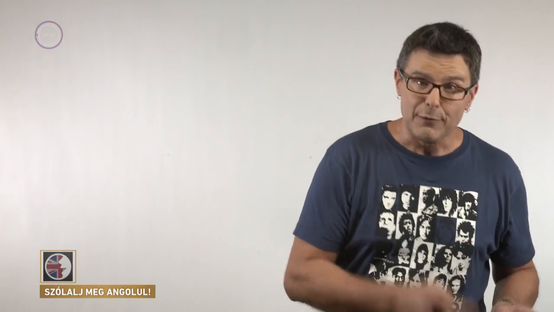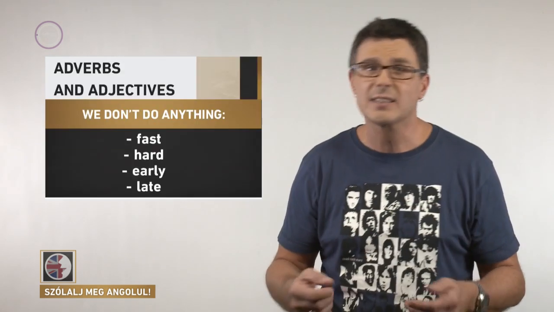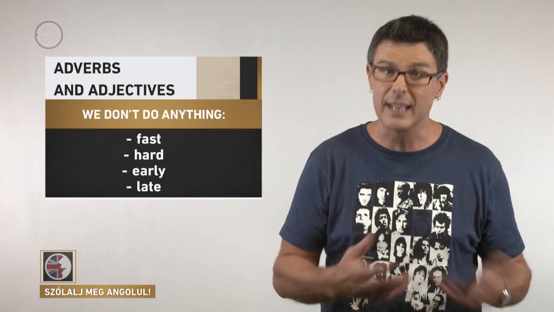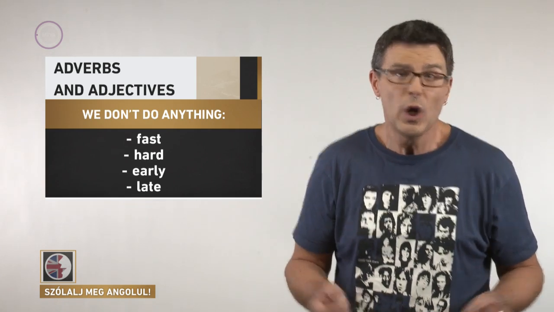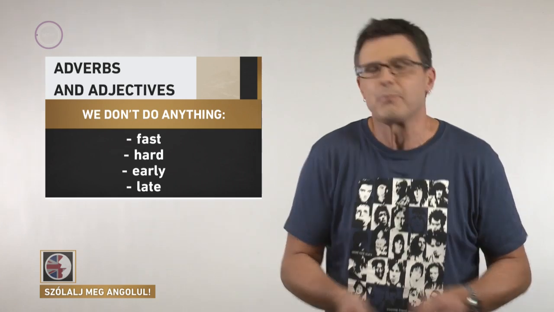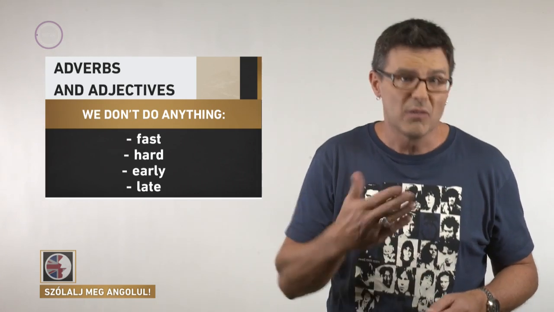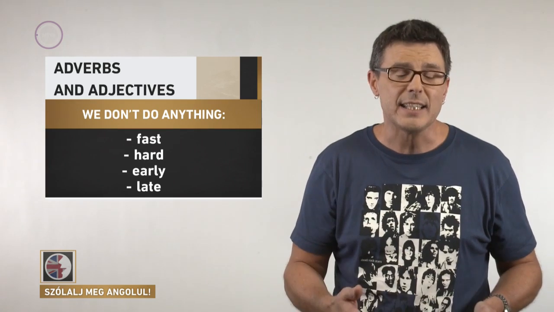When we normally change adjectives into adverbs, we add something to the end of the adjective to show that it's now an adverb. But with fast and hard and early and late, for example, we don't do anything. The words stay exactly the same. Fast, hard, early, and late.